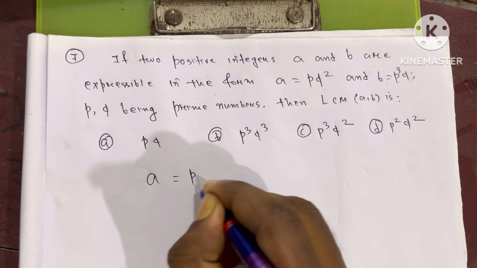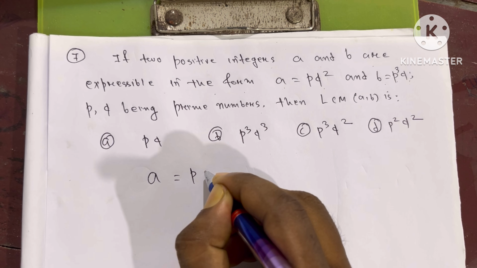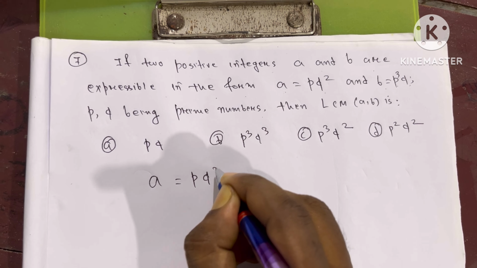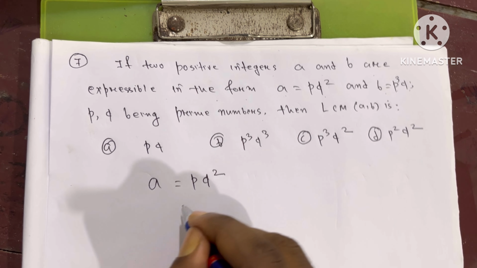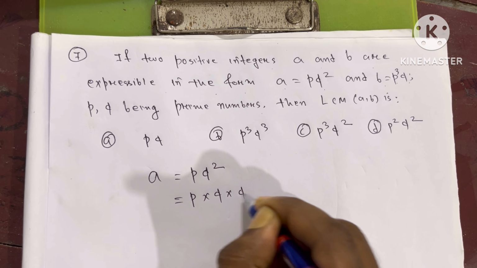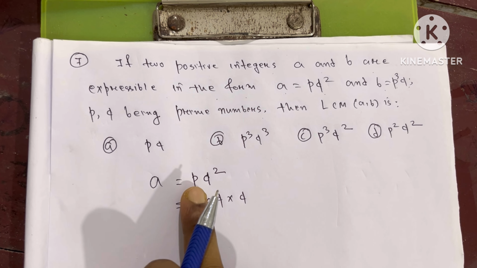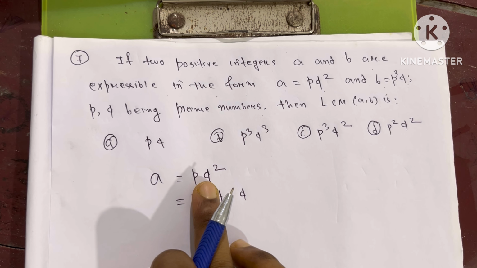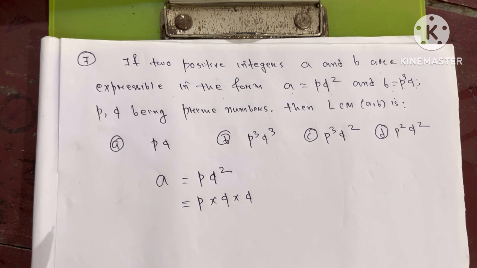So first you write A is equal to, given that, A is equal to PQ square. A is equal to PQ square can be written as P into Q into Q. Yes or no? I can express it as P into Q into Q, because Q power 2 means Q can be written 2 times.